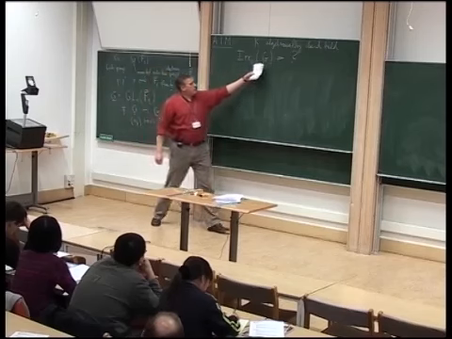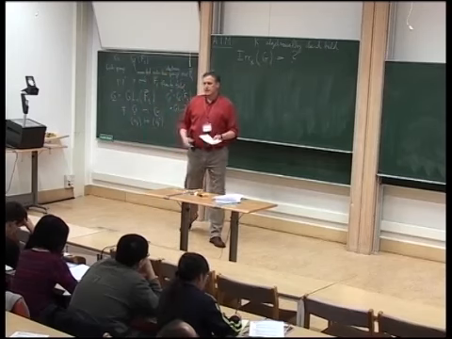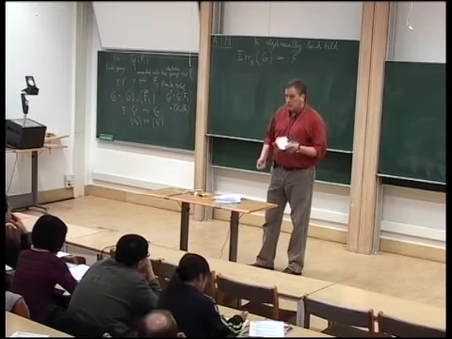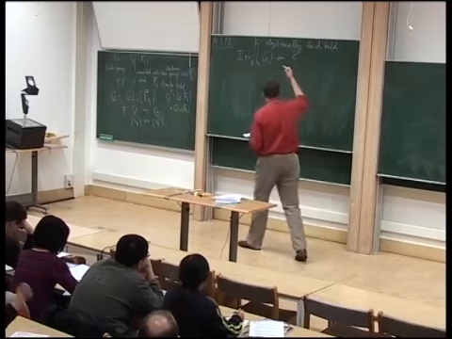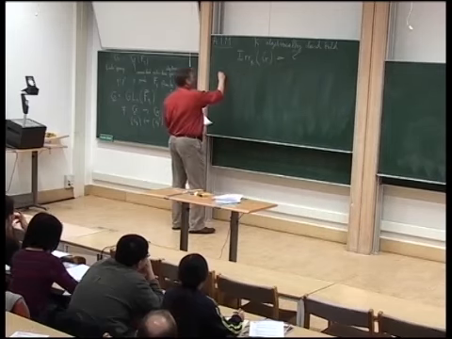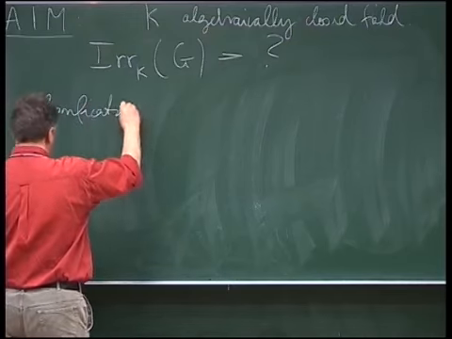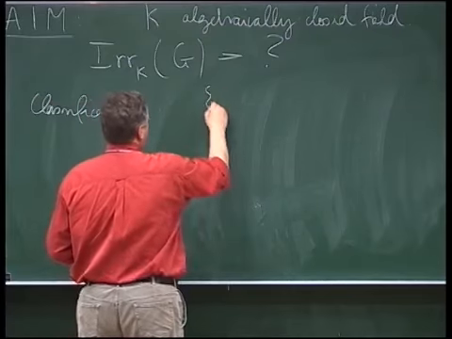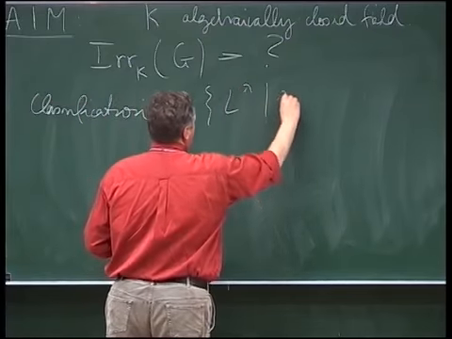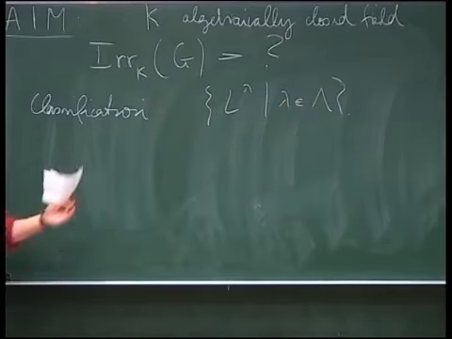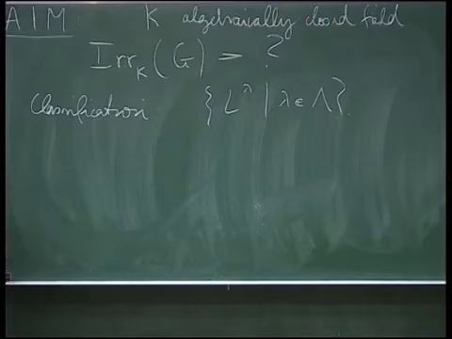So by understanding, of course, there are several levels of what you would want to know about this. For example, you would like to have a nice classification, somehow an indexing of the irreducible representations by some nice natural set.